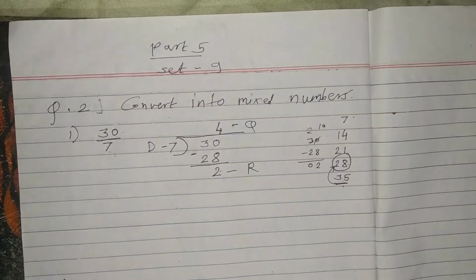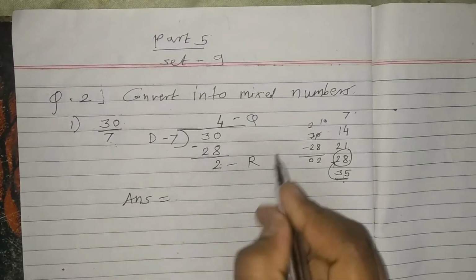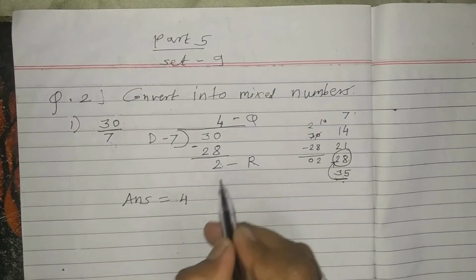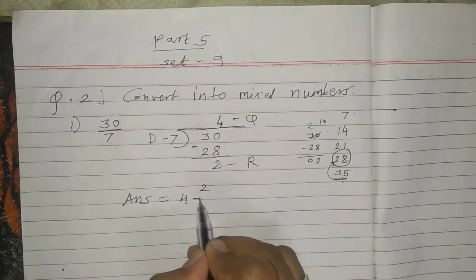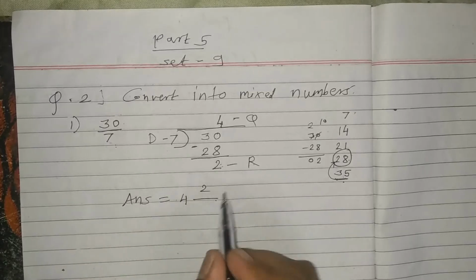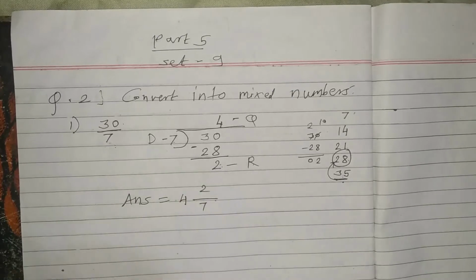So from this calculation we get Q R D and write the answer in that form. Q, what is Q? 4. R, what is R? 2. The fraction line should be in front of this number. D is 7. D should be the divisor, not the dividend.